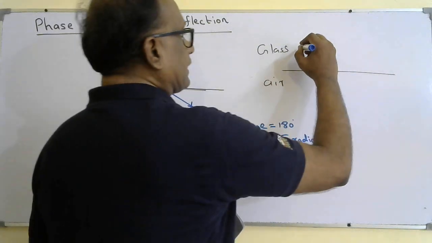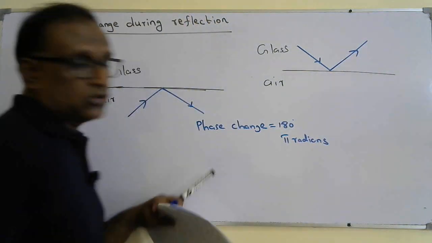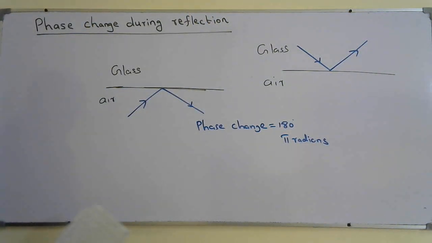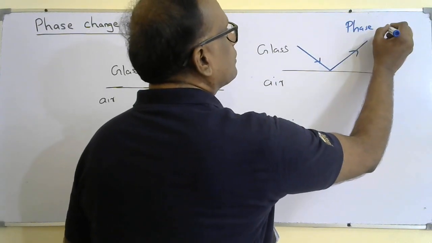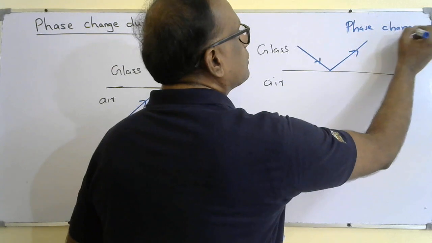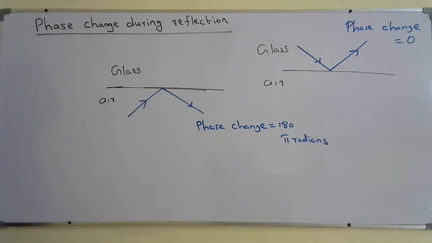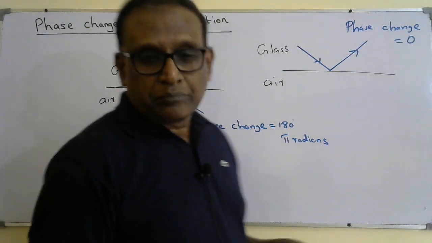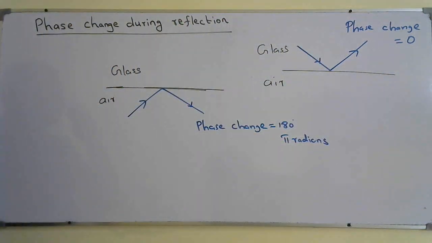In this situation, glass to air, there is no change in phase. So the phase change will be 0. Here the phase change will be pi radians. We don't use this much, but we better know it, because when we consider phase differences, we might need it. There are no such questions in the past papers, but better to know it.